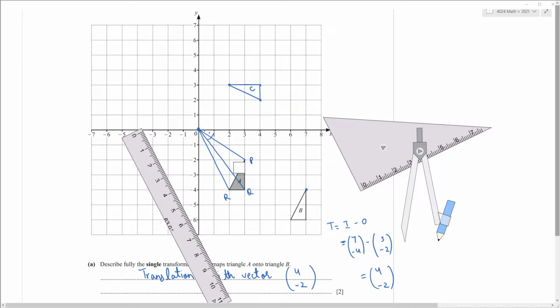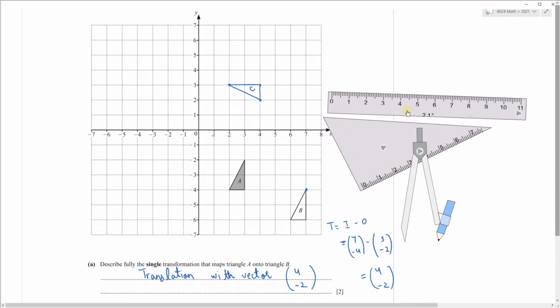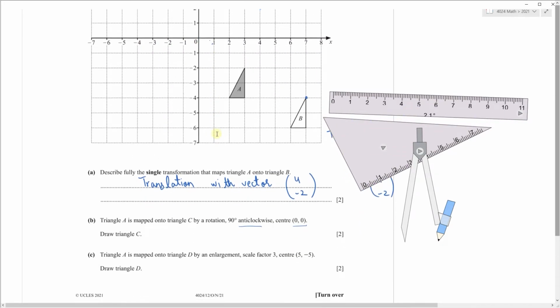You only need to mark triangle C. So this is how you will map A onto C using rotation 90-degree anti-clockwise with center 0, 0.